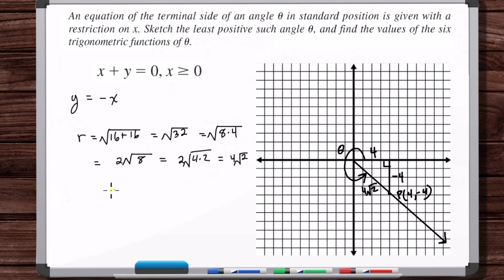Okay, so the sine of theta, come to this angle, opposite over hypotenuse, minus 4 over 4 root 2 is minus 1 over root 2. Multiply by root 2 over root 2, that's going to be minus root 2 over 2.